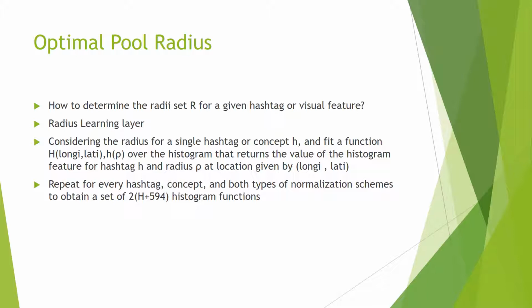First, a single hashtag or concept is considered, and a function is fit over the histogram that returns the value of the histogram feature for hashtag and radius at a location given by the GPS coordinates. This is done for every hashtag concept and both types of normalization schemes to obtain a set of 2 times H plus 594 histogram functions for each image.